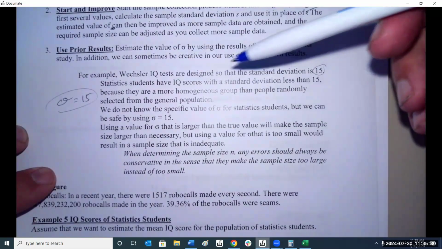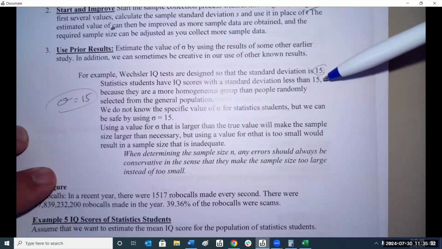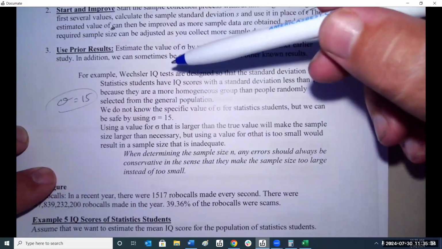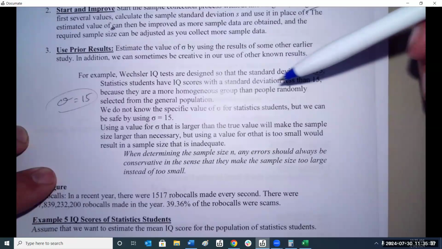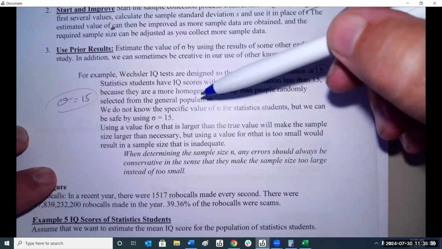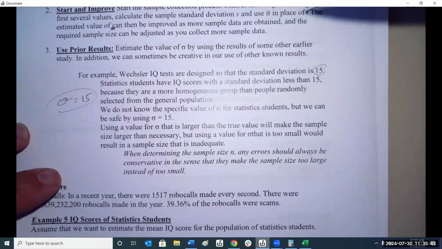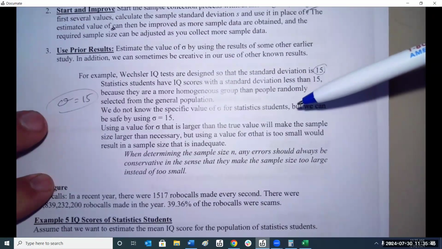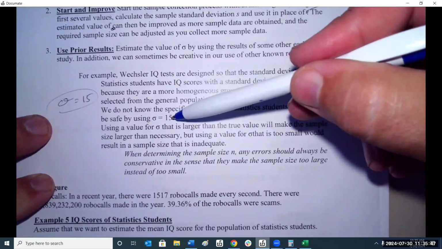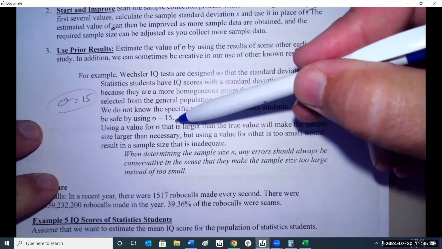Statistics students have IQ scores with a standard deviation less than 15 because they are a more homogeneous group than people randomly selected from the general population. We do not know the specific value of rho for statistics students, but we can be safe by using rho equals 15.